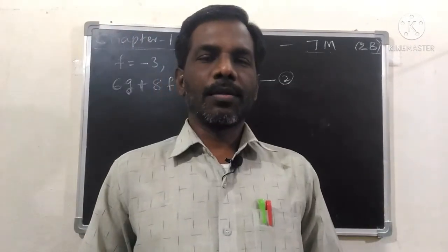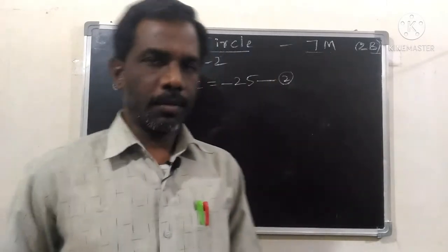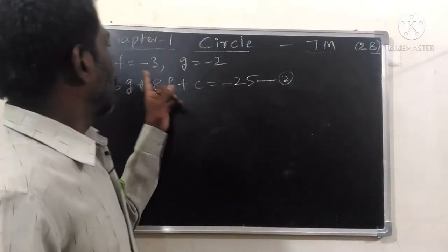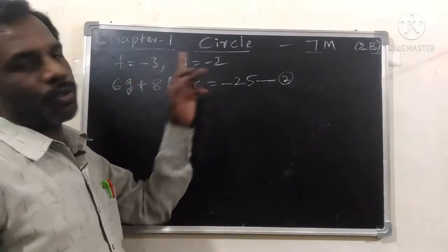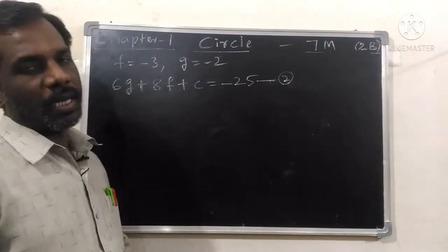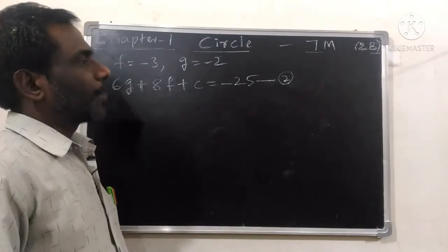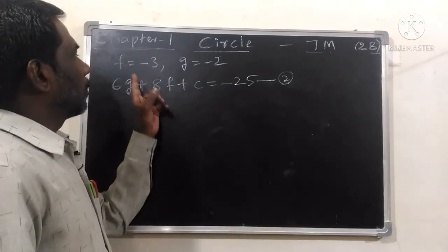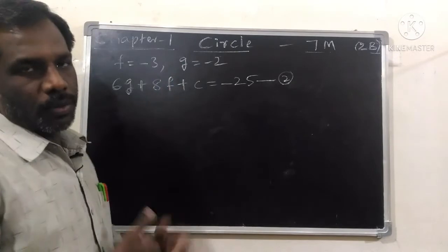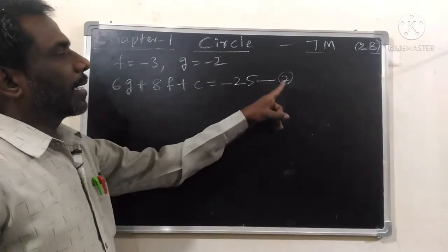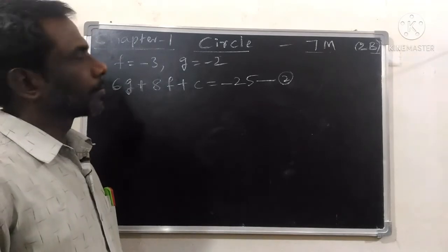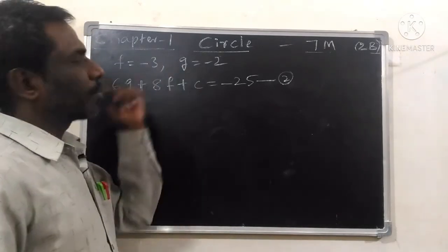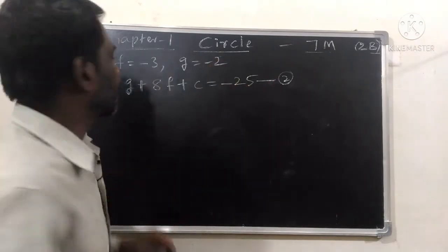Of the 3 variables, we got 2 variables, that is f and g. F is minus 3 and g is minus 2. And one more variable is there, that is c. To find the c value, we substitute these two values in the second, third, or fourth equation. So now I am substituting these two values in the second equation.